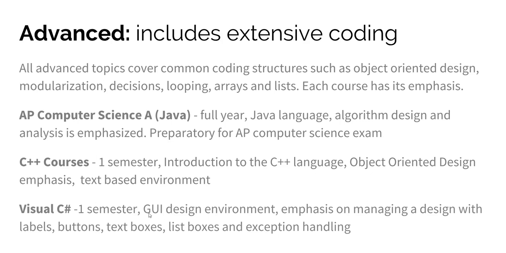Except Visual C# is a GUI environment, which means that they're going to be working with labels and buttons, text boxes, list boxes, and exception handling, which is error trapping and preventing people from producing errors when they type in things on a screen. So it's very much like designing a form that might be on a web page. And it's also a precursor to some web development classes.